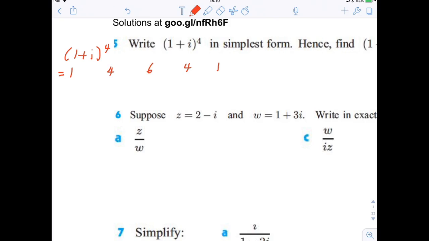And the first term won't generate anything useful here, so you just ignore that, because 1 times 1 times 1 times 1 is just 1.